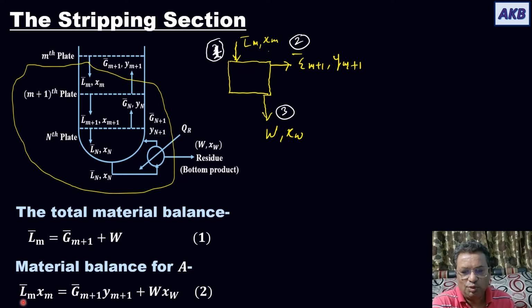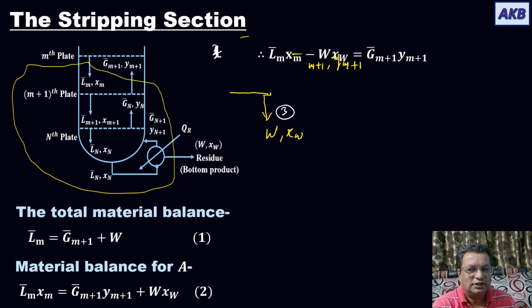So that is the total molar flow rate of the inlet liquid stream into mole fraction of A, is equal to the total molar flow rate of the vapor into its mole fraction plus the total molar flow rate of the residue into its mole fraction. I am calling this material balance for A at steady state equation number 2.